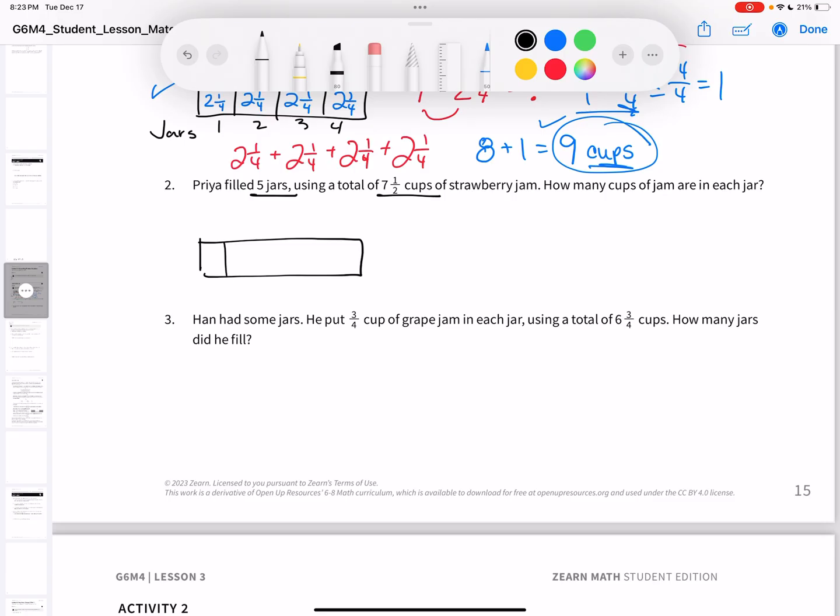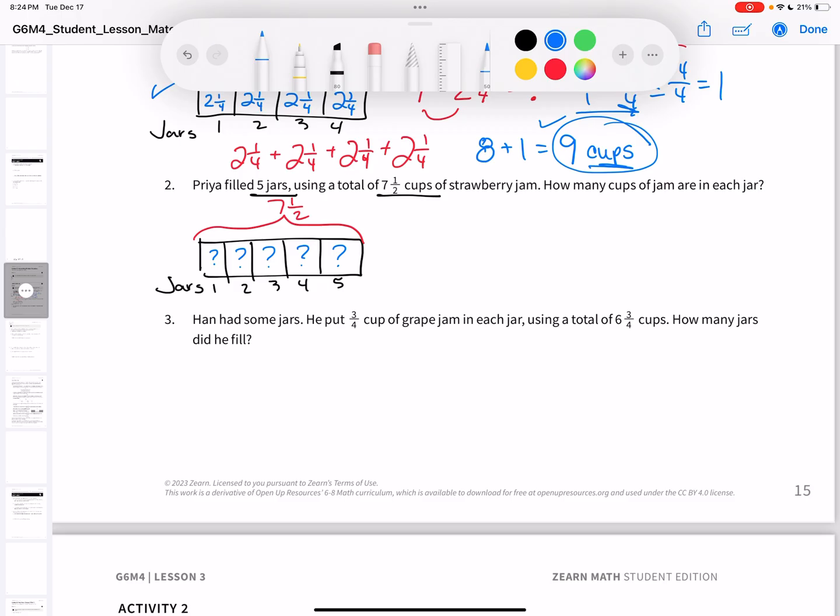Okay, so this time we have 5 jars. 1, 2, 3, 4, 5 jars. And we don't know how much goes in each, but we do know our total is 7 1/2. So what we really need to figure out is what goes in each one of these boxes. How many cups of strawberry jam goes in each one?